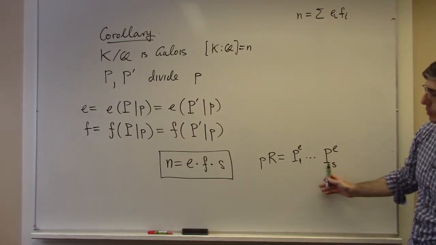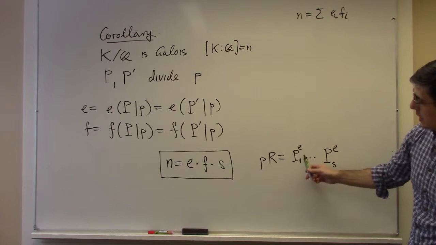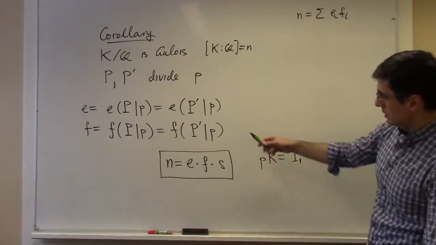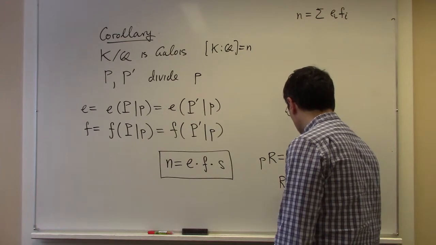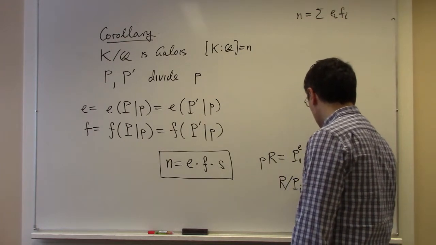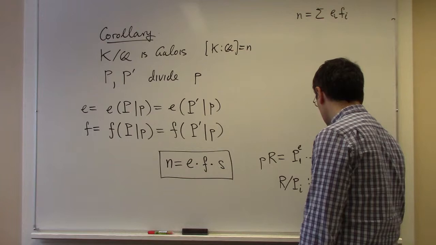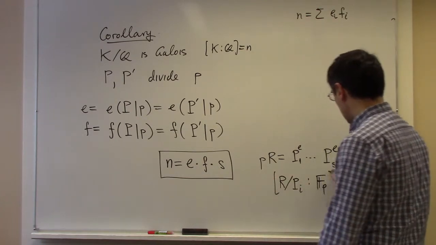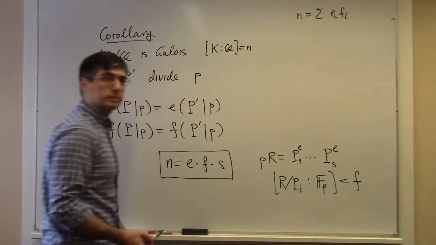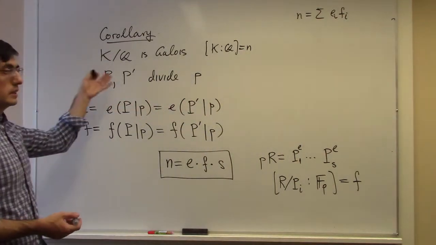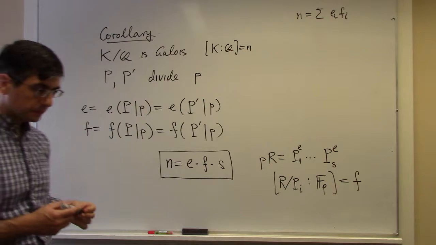S is the number of primes into which p splits, and the degree of this field extension, R/P_i over F_p, is the same. It does not depend on i. That's the corollary of the previous theorem.